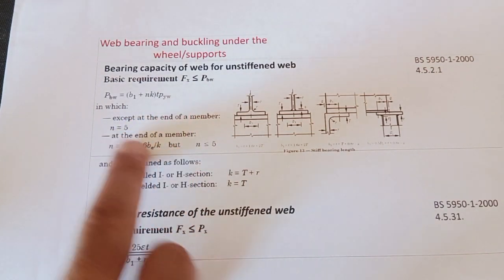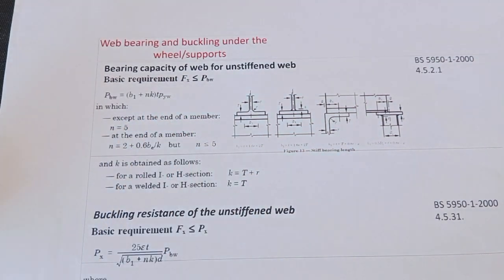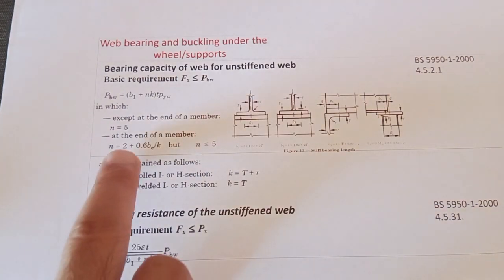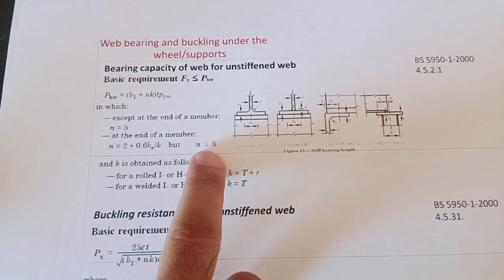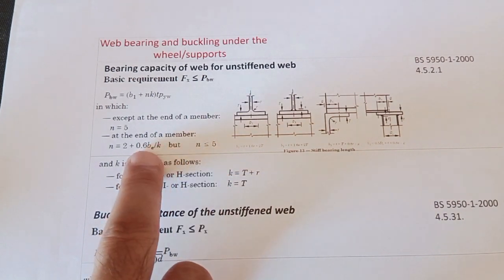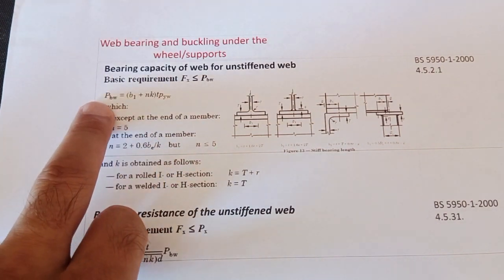N is 5 for interior supports, and for the end member it is N plus 2, where N is 2 plus 0.6 BE over K, and it should always be less than 5. We're using this equation for bearing capacity of the web under the wheel.